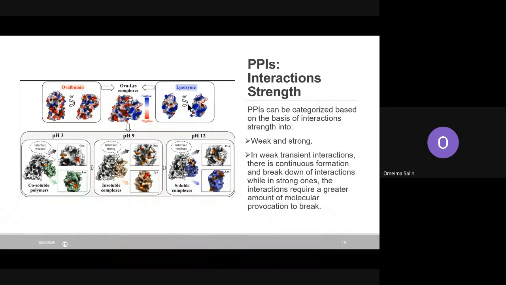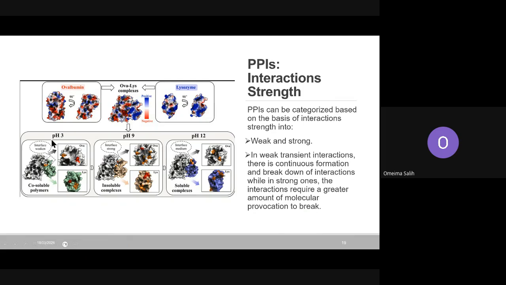These are different proteins. They interact with each other to give the ovalbumin-lysozyme complex. But this complex, its stability is defined by the pH of the cell or the solvents within the cell.